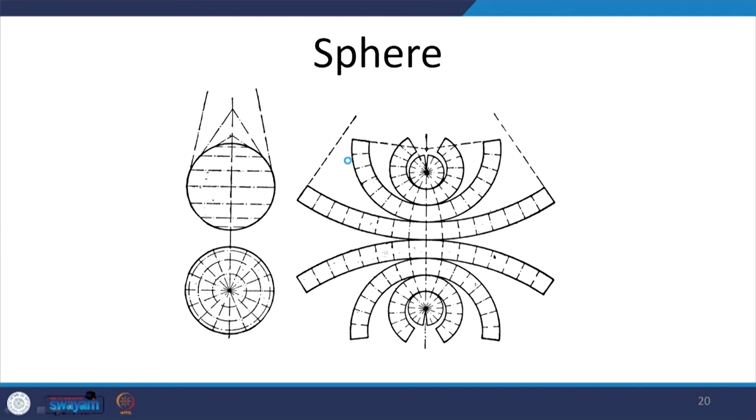Another method for drawing a sphere, which is also an approximation method, is when we take out the horizontal strips of the sphere. What we are doing here is we divide the sphere into little horizontal strips, and these strips are opened up here.